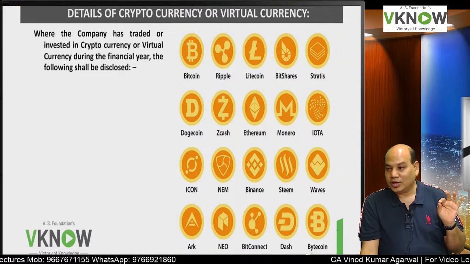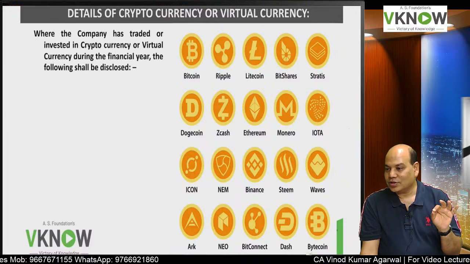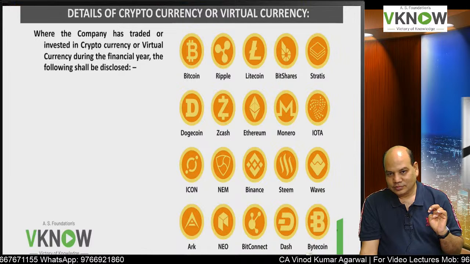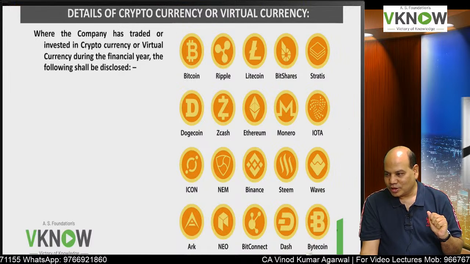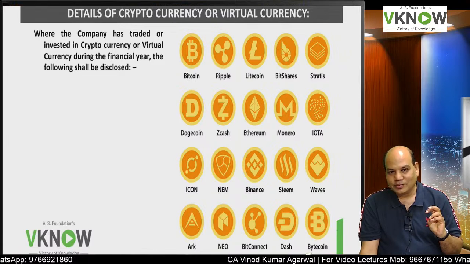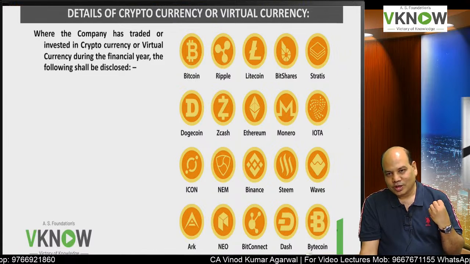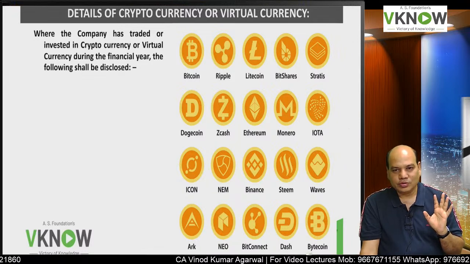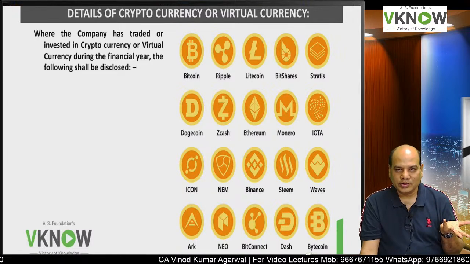If the company enters into transactions relating to cryptocurrency or virtual currency, some examples of cryptocurrency on the right side, some of them don't exist anymore. They have got wound up and investors' money has gone into water. Is it right?